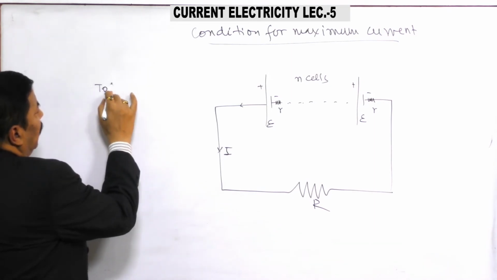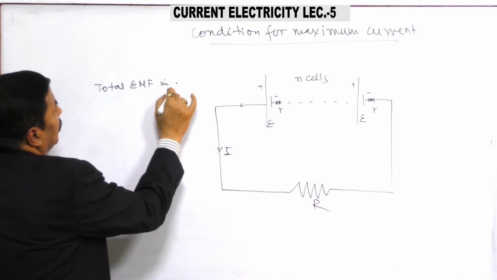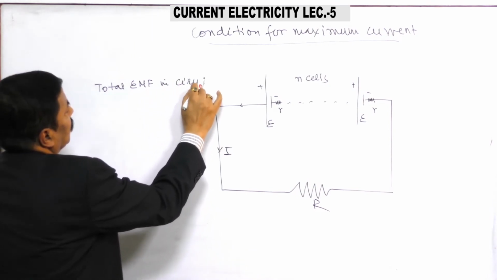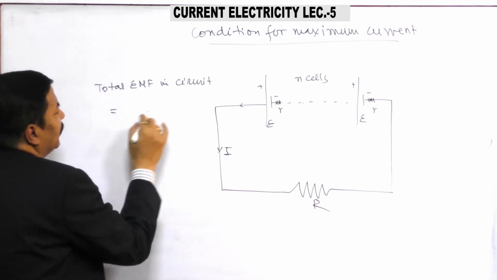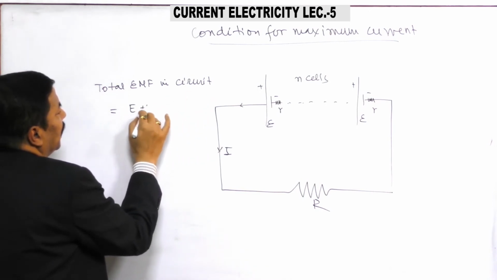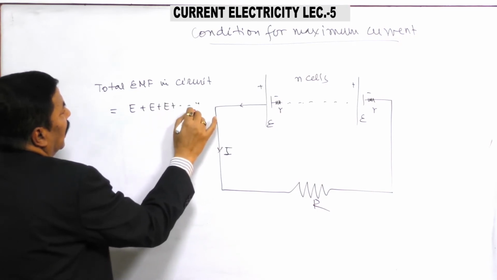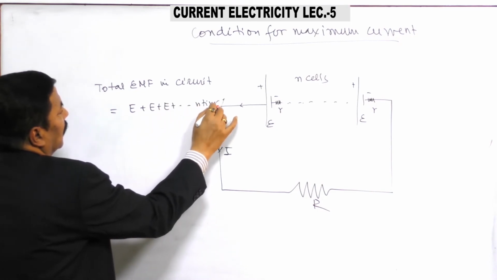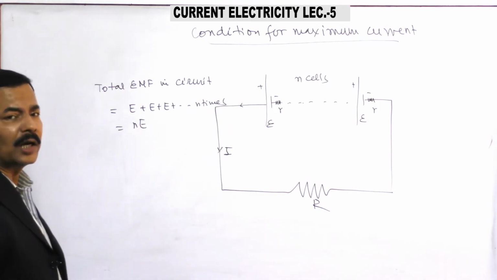So total EMF in the circuit is equal to n cells are there, E plus E plus E plus dot dot n times. So it is nE, total EMF.